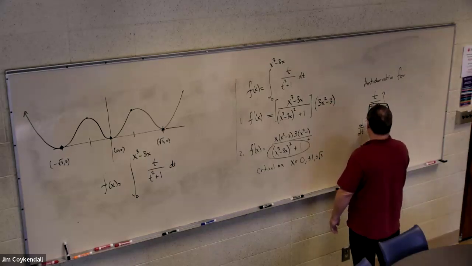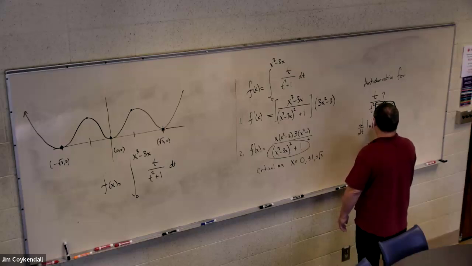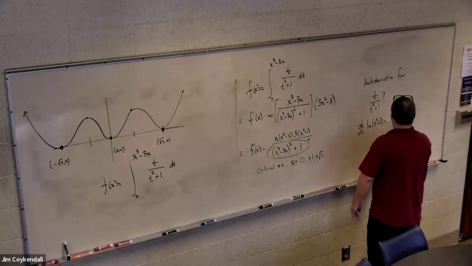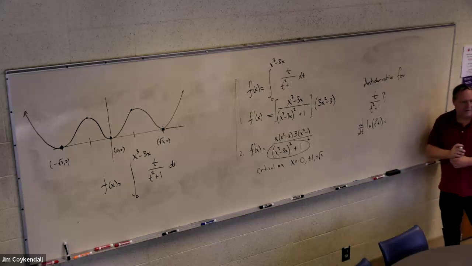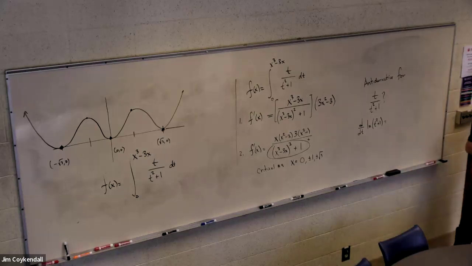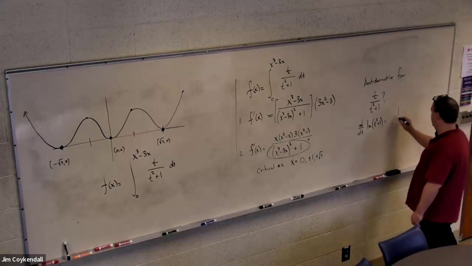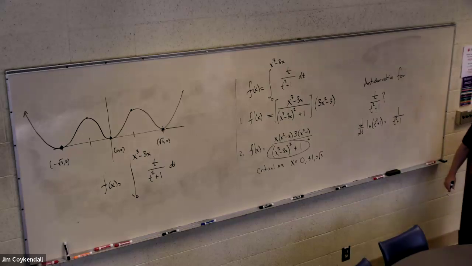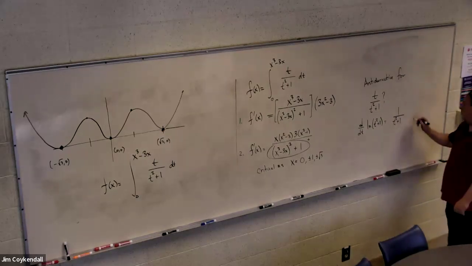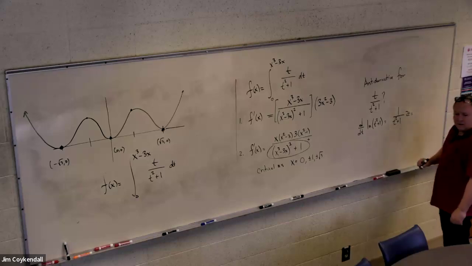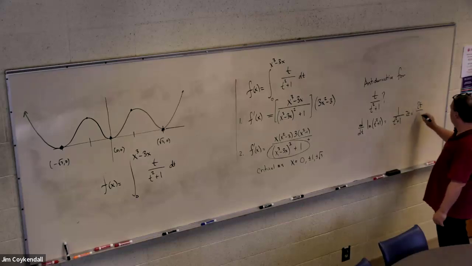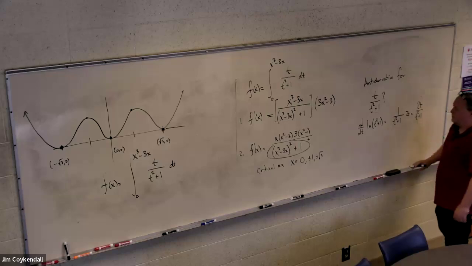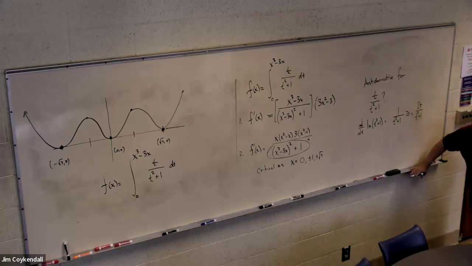So this is just me brainstorming. You guys help me out. You all have the tools for this. What's the derivative of log of t squared plus 1? Right, it's 1 over t squared plus 1 times the derivative, 2t. Look at that, I almost got it. I don't get exactly what I'm looking for, but I got real close, and it's only off by a constant.